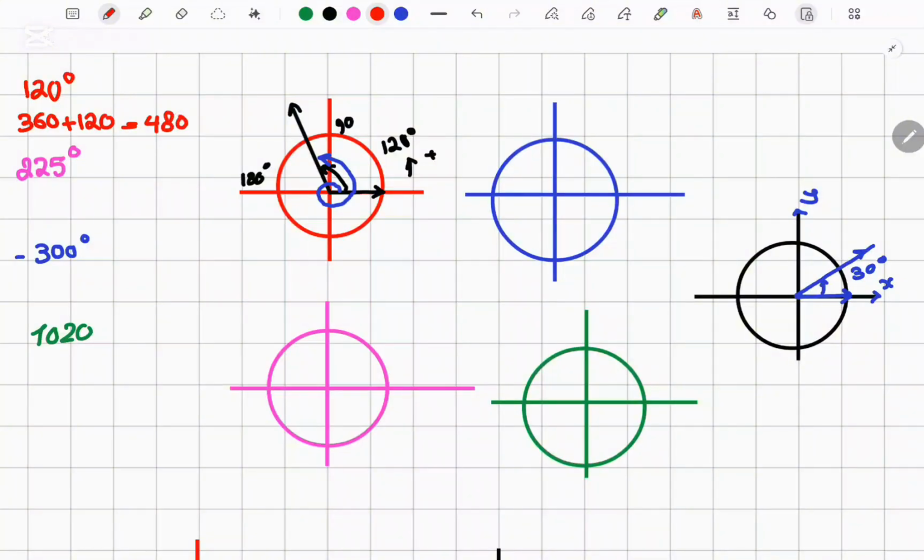And if I wanted to find another one, I would have gone just two full rounds and then 120 degrees more, right? So if I wanted to find another one, look, I'm going to show it with another color. So I would have gone one full round, two full rounds, and again this much more, right?